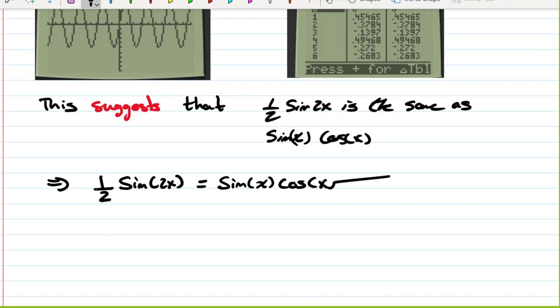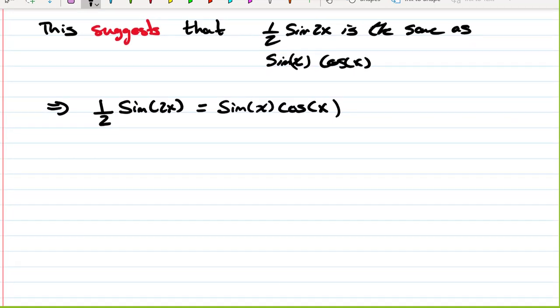So we haven't proved that these two things are the same yet, but based on that evidence, it is suggested, and it's reasonable for us to believe, that this is true for every x.